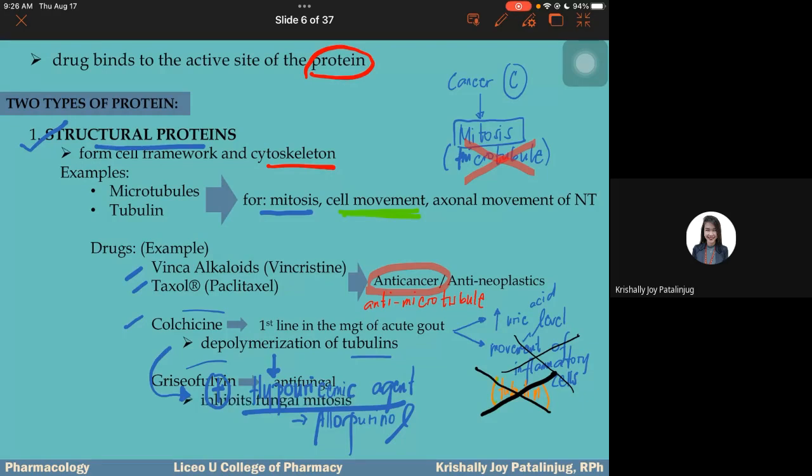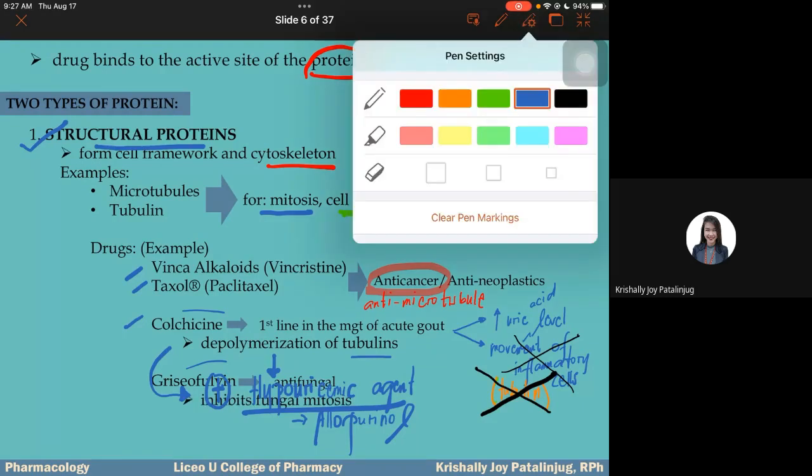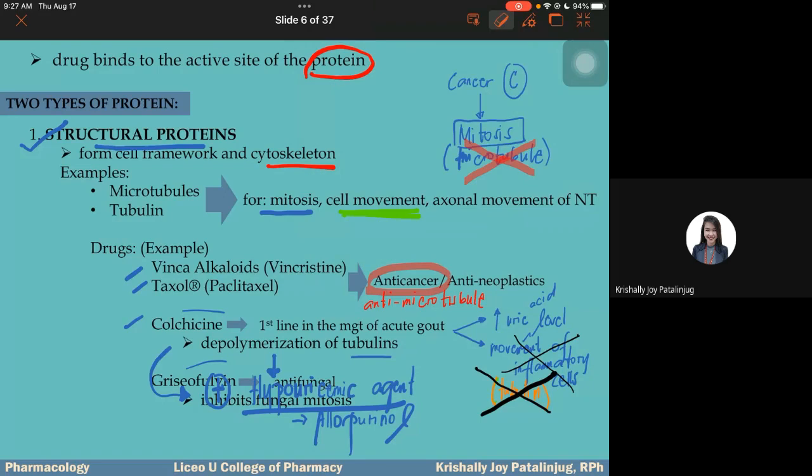We have griseofulvin. Now, let me erase this portion. Griseofulvin is also classified as a drug targeting structural protein because, based on its mechanism of action, it inhibits mitosis as well, although in fungi, fungal mitosis.